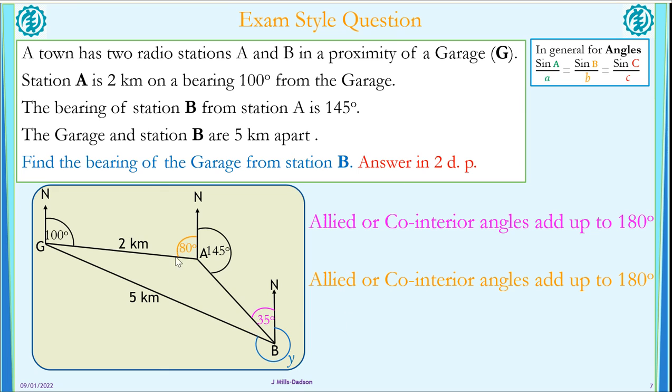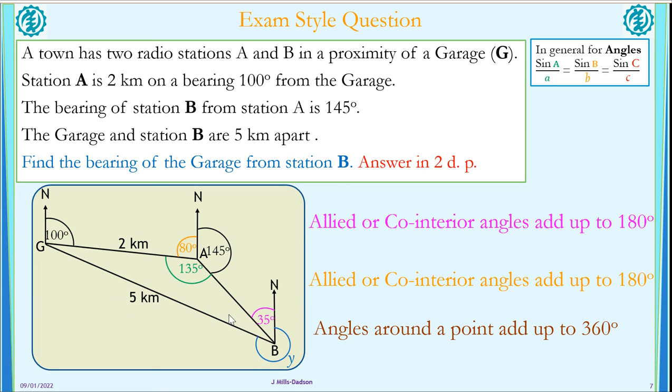We also know that this is 80, another co-interior angle. Now angles around the point is 360, so we can use 80 and 145 to work out this missing angle. That's 135 because angles around the point is 360.